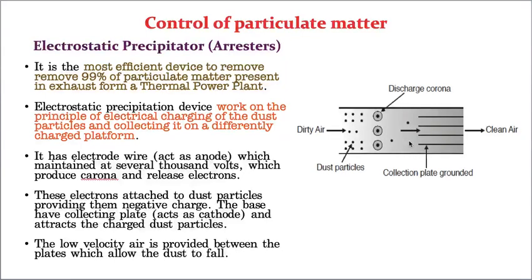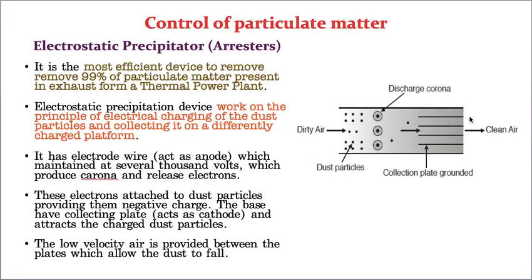So all these dust particles fall down and are attracted in this portion. All the dust particles fall down, so the purified air passes through these columns. This is a very simple technique. Just by charging the dust particles, you clear all the dust particles so that you get purified air.